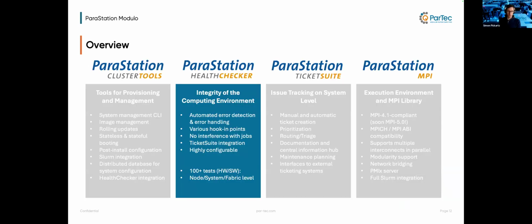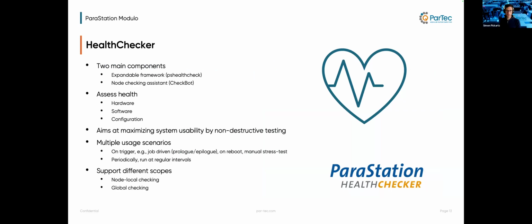Then we have the ParaStation Health Checker. As I mentioned before, this is our tool that ensures integrity of the computing nodes, but also other components in the system in order to maximize the likelihood that computing nodes which are assigned to a certain job will also survive this job.